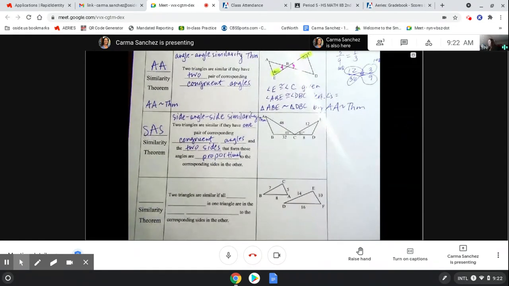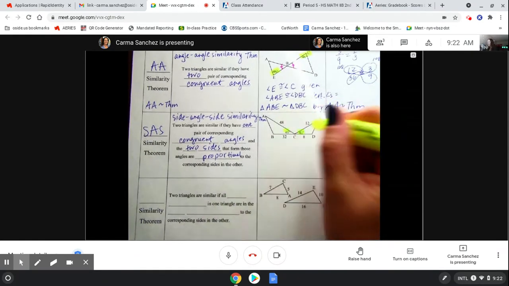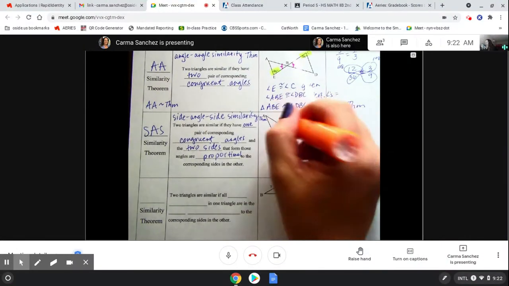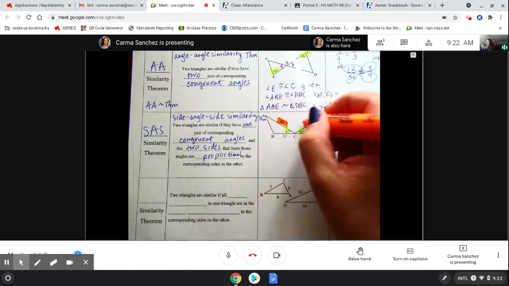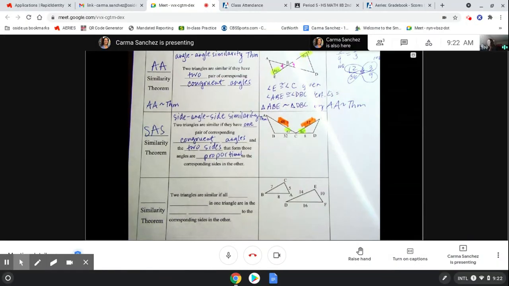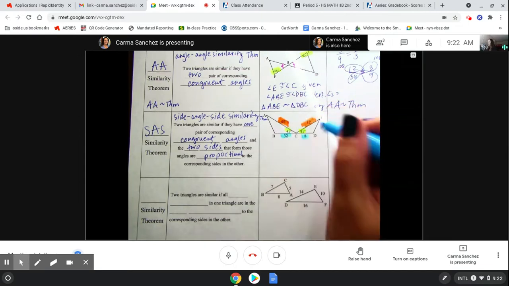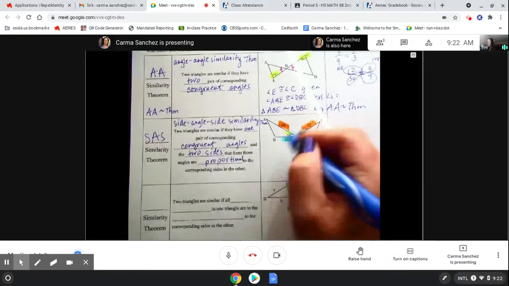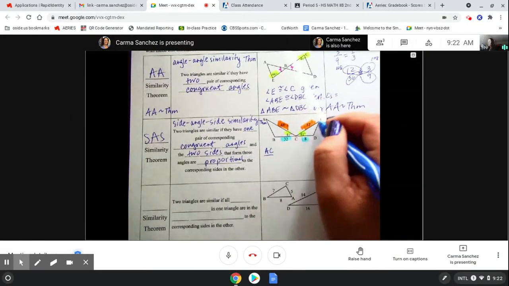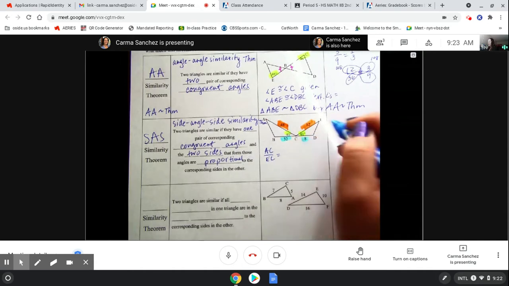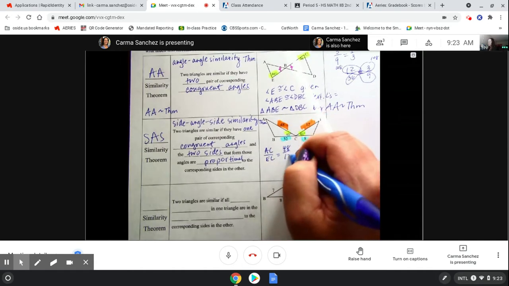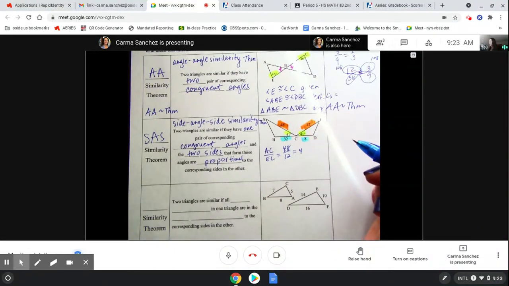Notice again that they gave us this angle right here, and then they gave us two sides. So notice they gave us this 48 and this 12. We're going to be looking to see if that corresponding side is proportional, and they gave us this 32 and this 8. So let's go do a little bit of work here. So we're going to say side AC corresponds to side EC. And so we're going to say 48 is to 12, and we can tell that that reduces down to 4.